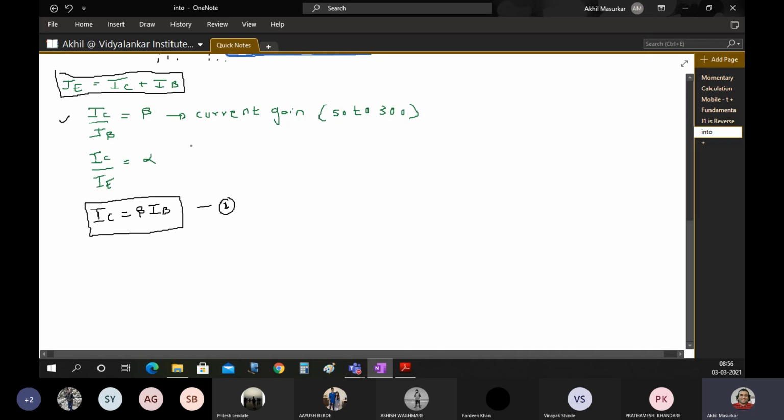So just put 2 in 1. What we will get here is IE is equal to beta times IB plus IB.